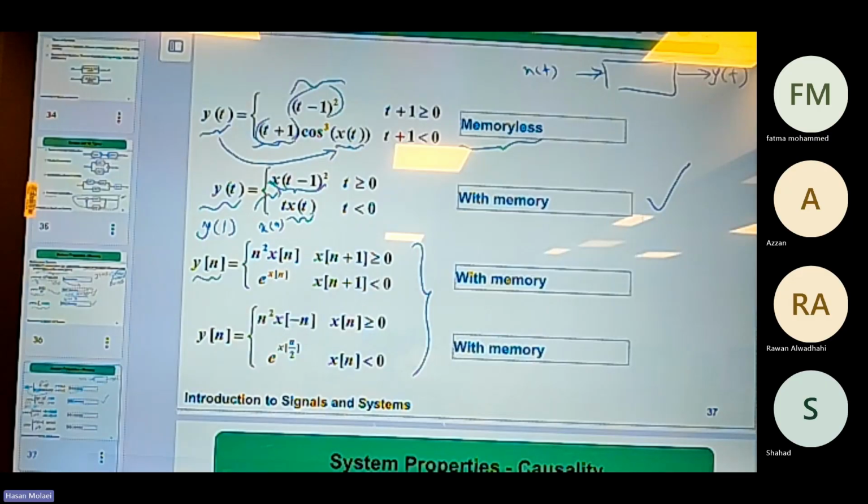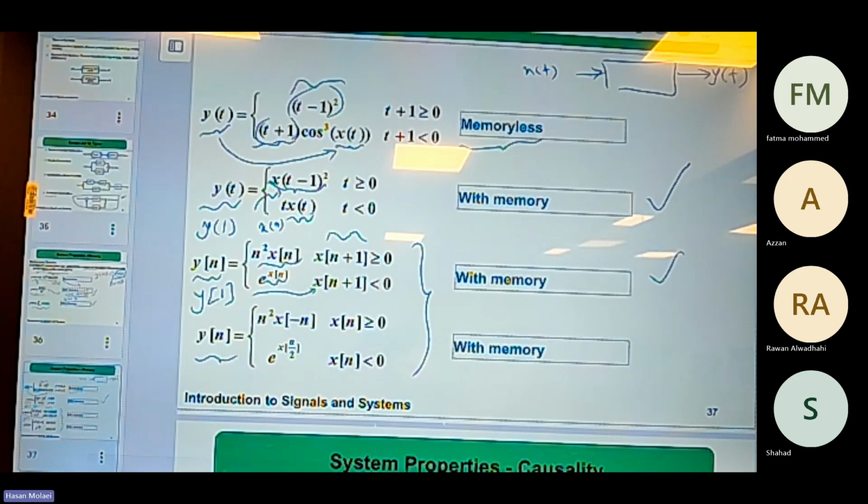The difference between times in discrete time can only be an integer value. It's dependent on x. y1 depends on x2. So that's with memory.